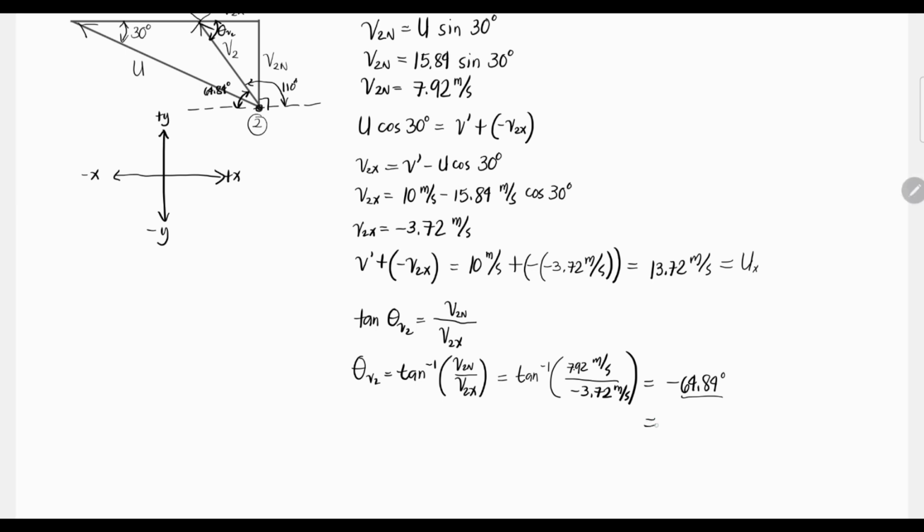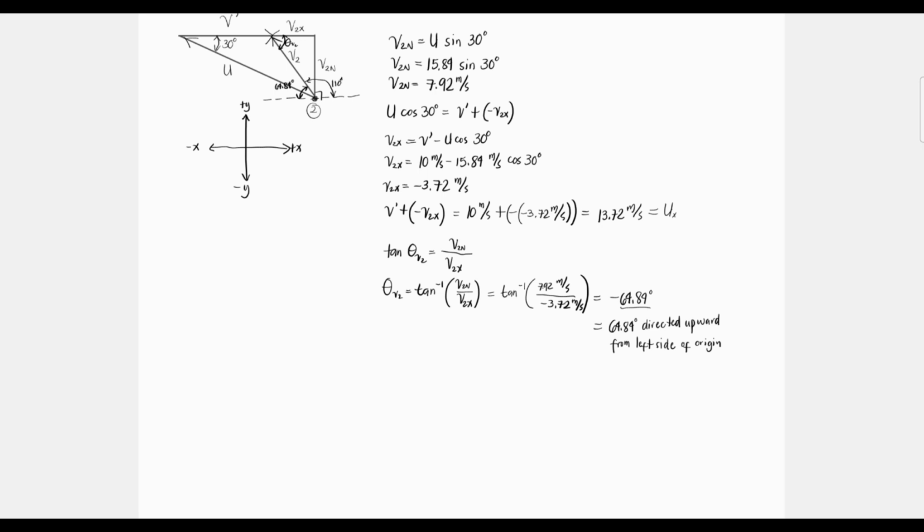We can also say that this is 64.84 degrees directed upward from the left side of origin.